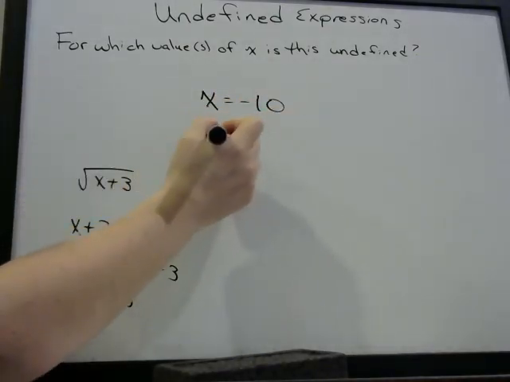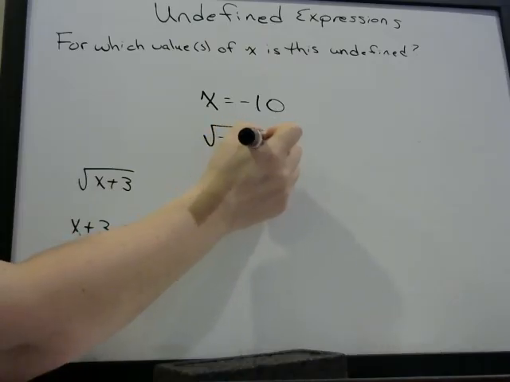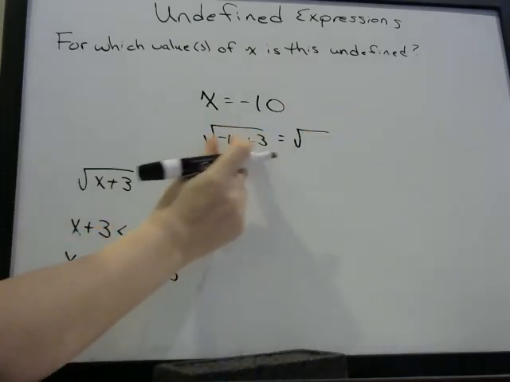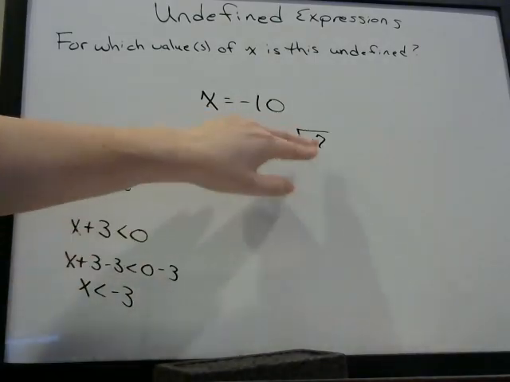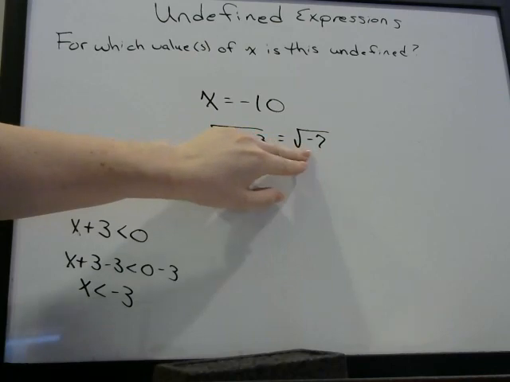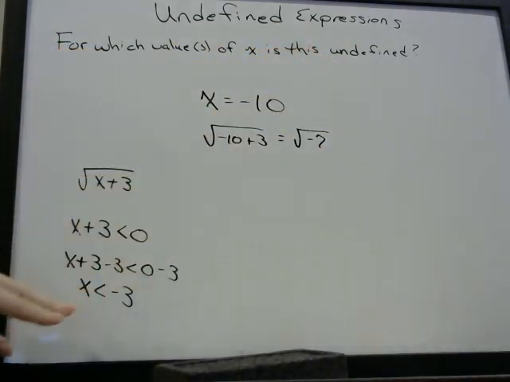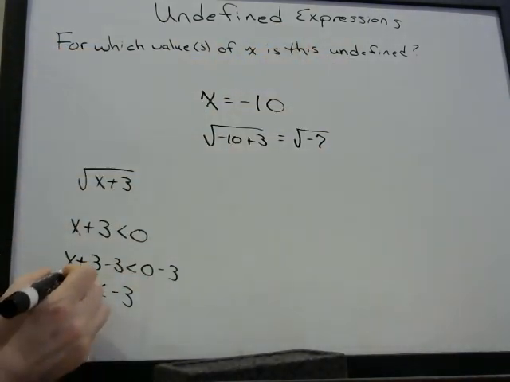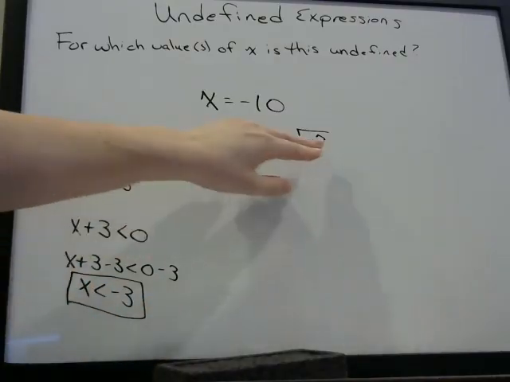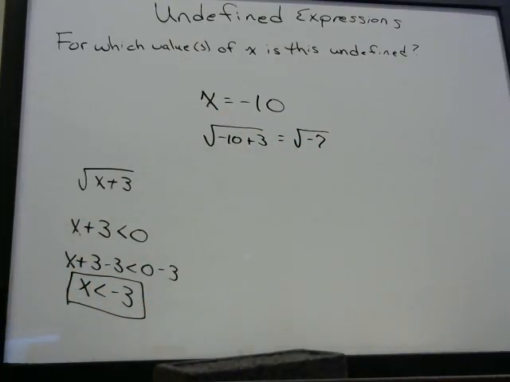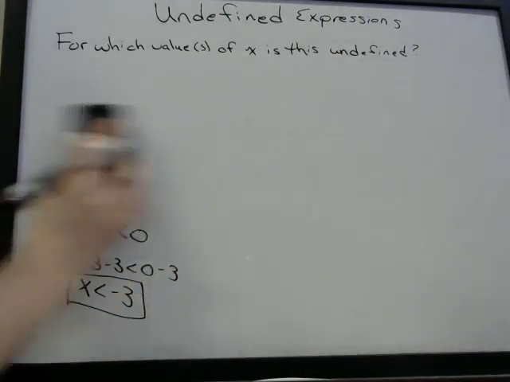We plug that in, and we get -10 plus 3 is -7. You can't have a negative number under a square root sign, so that's why this is undefined. Anytime x is less than -3, that's the answer to this problem, you're going to get a negative number under the square root, which is undefined.